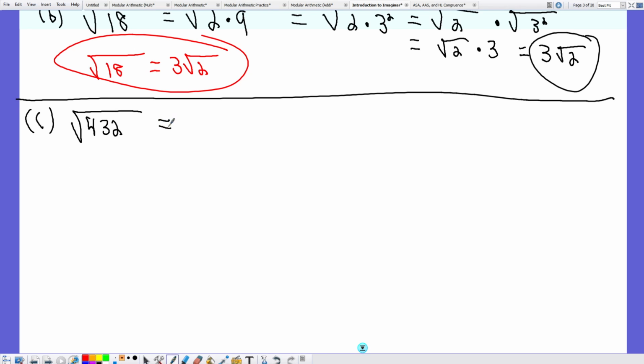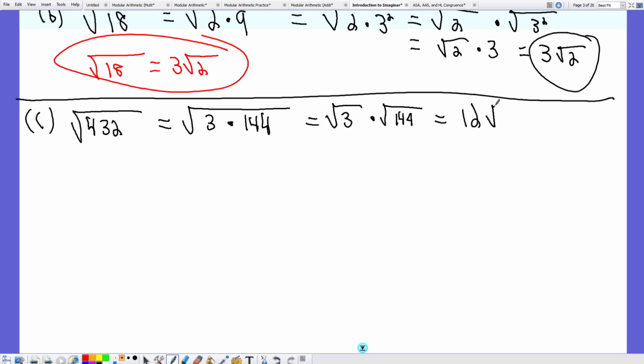And you could realize that if we split it up as 3 times 144, we could easily get the square root of 3 times the square root of 144, which we know at this point is 12. So our answer would be 12 times the square root of 3.